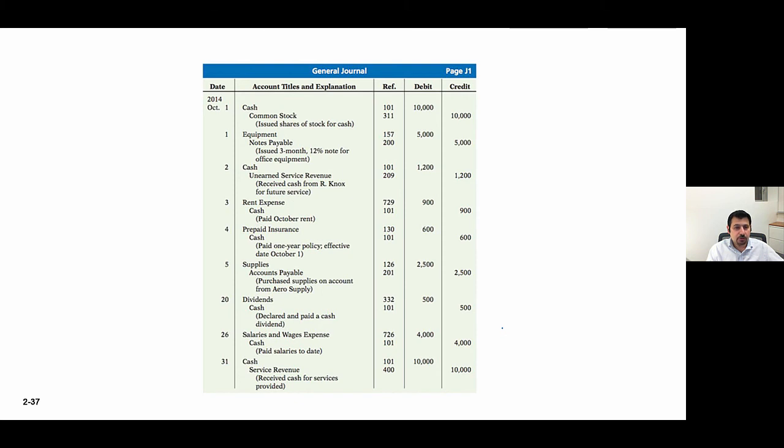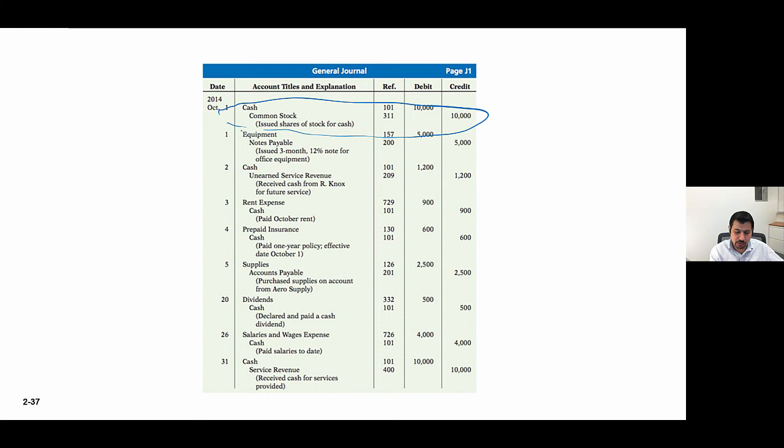This is how the general journal looks after all the transactions that we just made in the previous examples. You have each transaction one by one, as you can see.